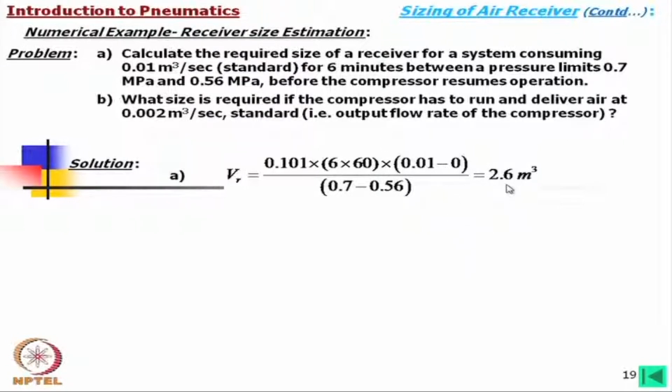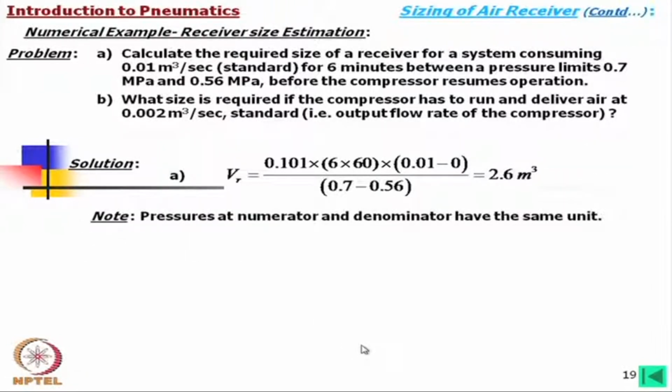So, we find that we need a reservoir capacity of 2.6 meter cube at least, but here we have simplified the problem to arrive at this formulation. You really have to make the average of total utilization, and how much the compressor time should be stopped, etc. So, that becomes a little complicated, not this simple, but as a numerical example, this is how to calculate the size of the reservoir.